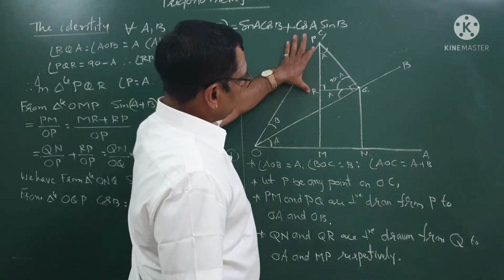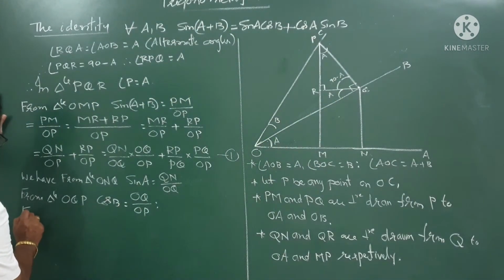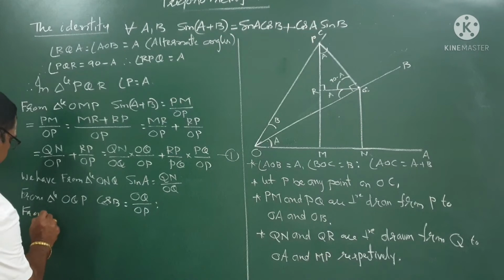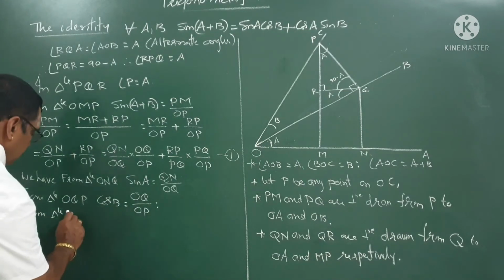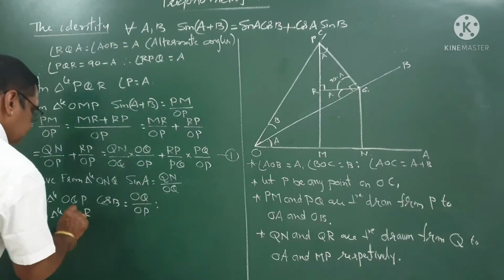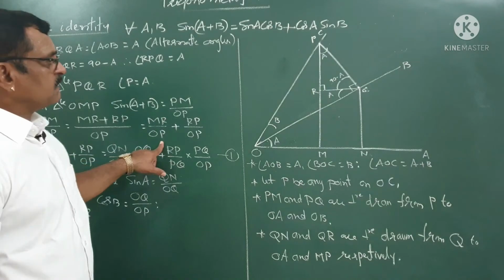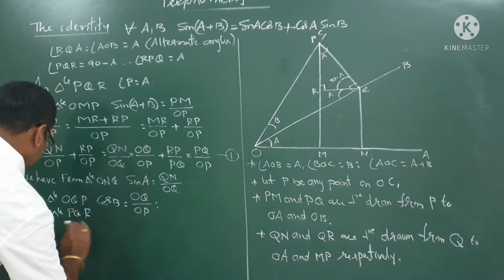Here. RP by PQ, from triangle PQR, so cos A is equal to RP by PQ.